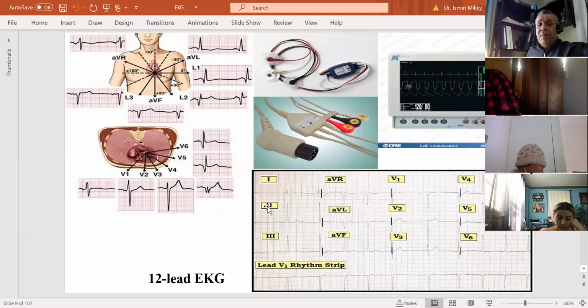I would say that lead 2 is the best lead among all 12 leads for many reasons. One of the basic reasons is that lead 2 easily identifies the P wave. See how the P wave is nicely deflected above the x-axis. The QRS is also nicely presented above the x-axis, and the T and the rest.